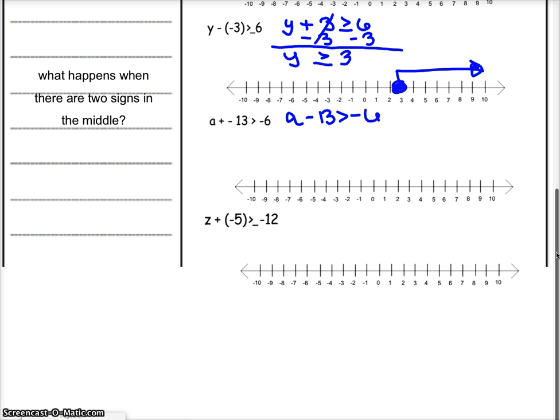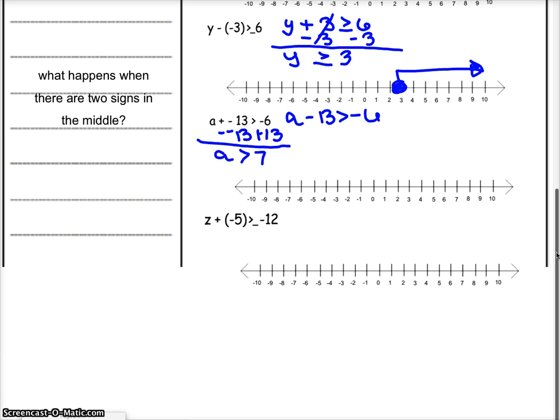Or just go subtract a -13. What does it mean when you subtract a negative? You're just really adding it. Okay, -6 plus 13. Is that 7? Yeah, it's +7. A is bigger than 7.